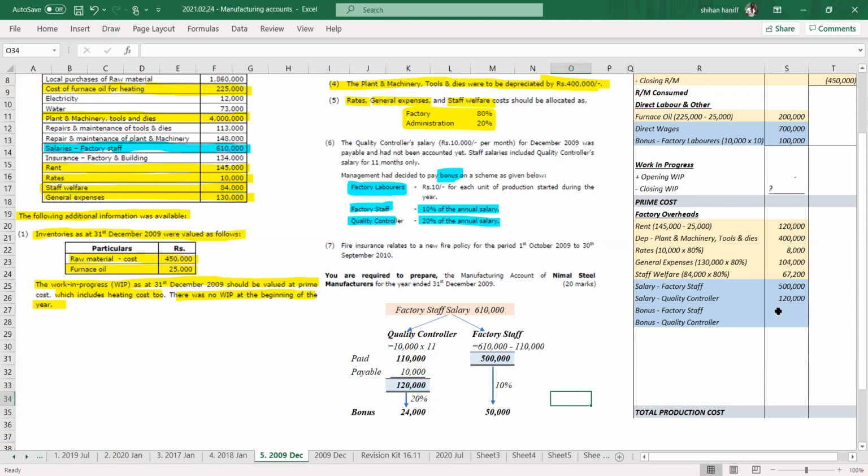Okay, so factory staff 50,000, quality controller 24,000. So this is about the salary. Salaries and bonus. So you can write down this working.